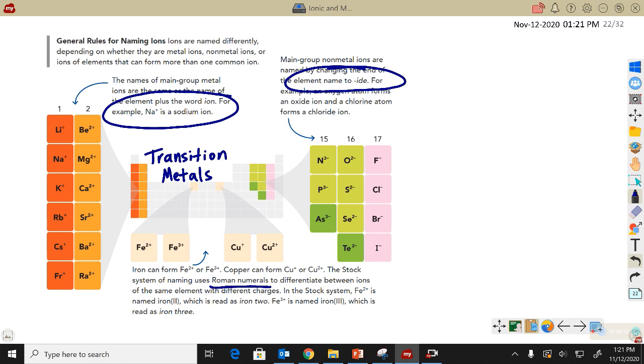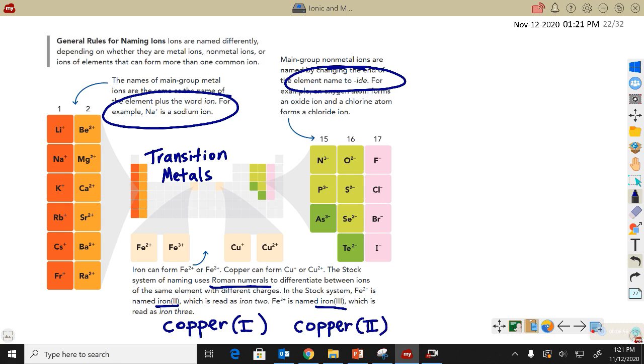So you're going to see something like this: iron Roman numeral 2 or iron Roman numeral 3. Same thing for copper. You would see copper Roman numeral 1 or copper Roman numeral 2. And that Roman numeral means the charge.